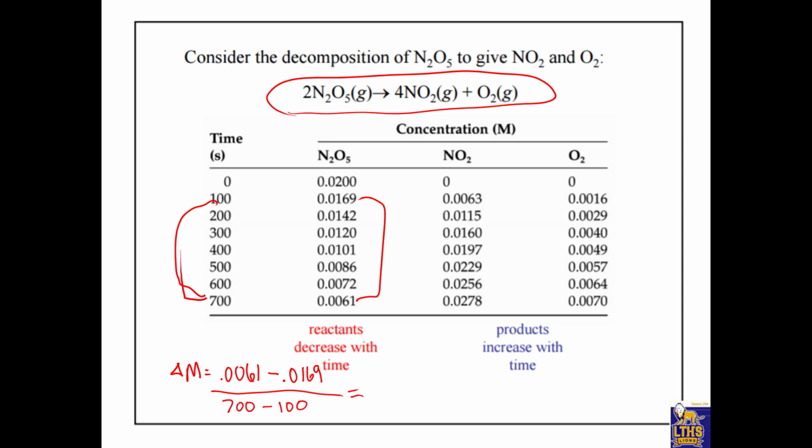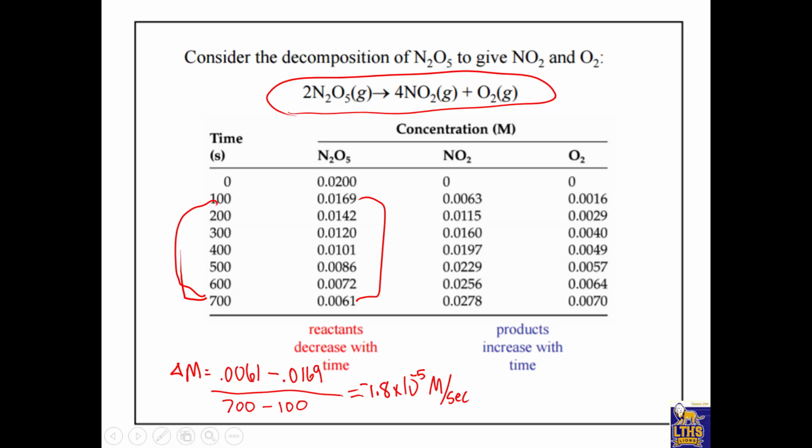And so you get 1.8 times 10 to the -5th molar per second disappearing. And it's going to be negative because you get a negative number when you subtract a big number from a small number. So that's the rate at which N2O5 is disappearing.